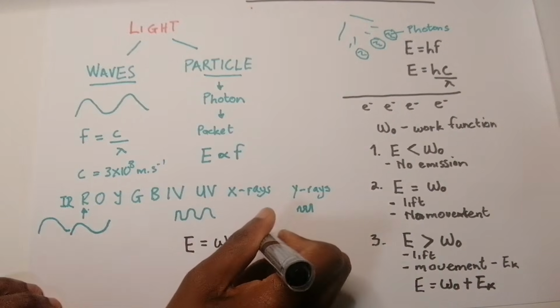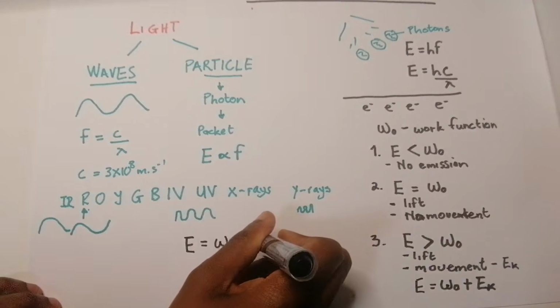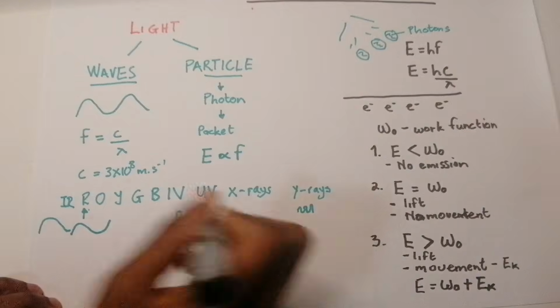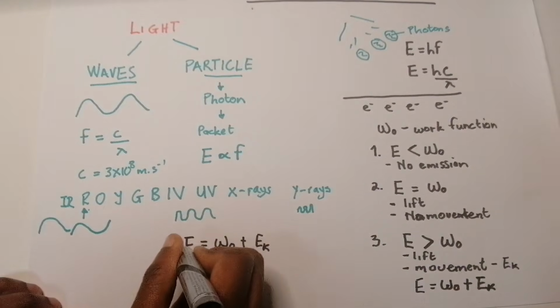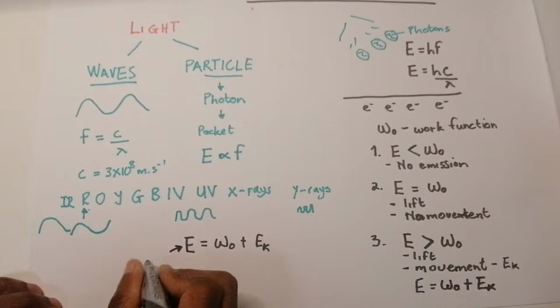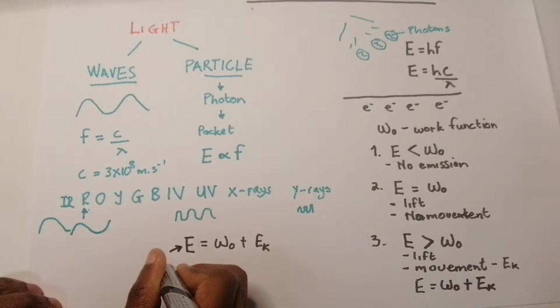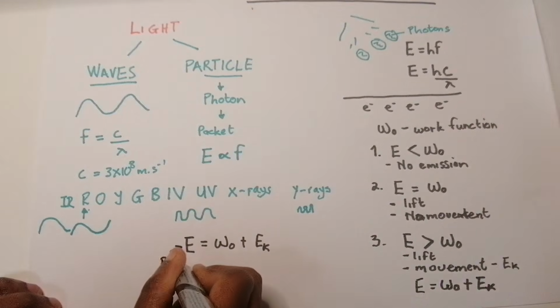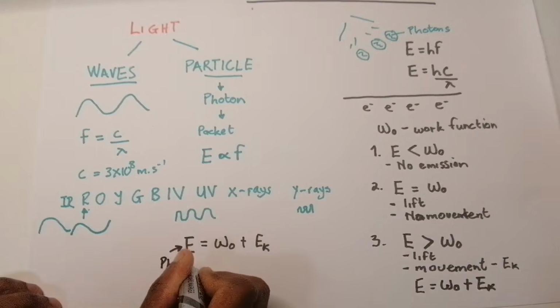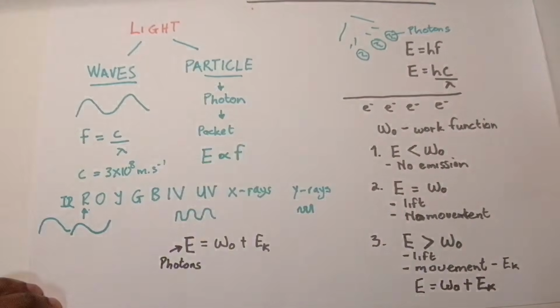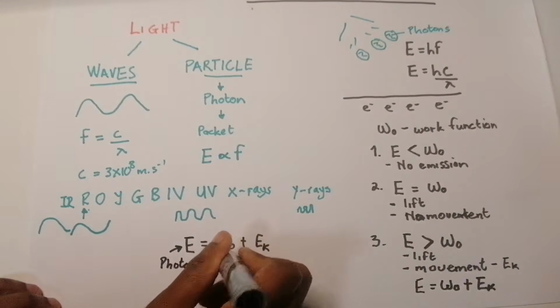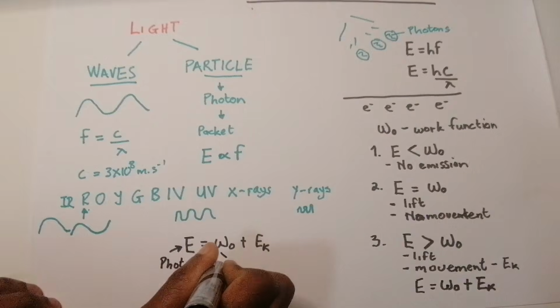Now, just to unpack the equation, note this E, this energy here, has to do with the energy of the photons. And remember, how do we calculate the energy of the photons? We said E is equal to hf, or you can say hc over lambda. Then this here has to do with the work function.